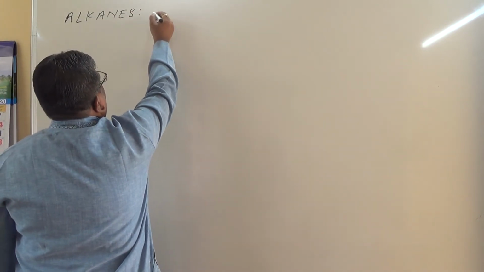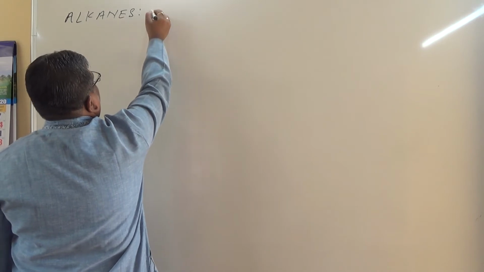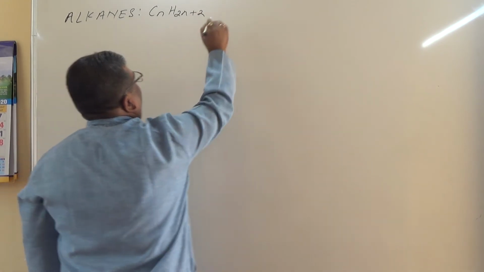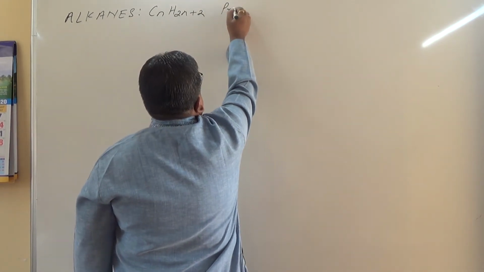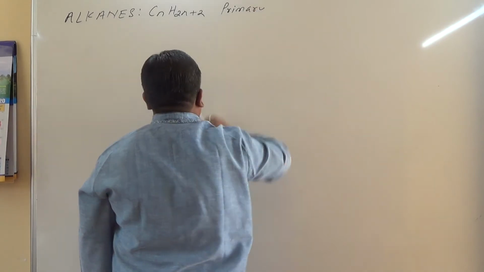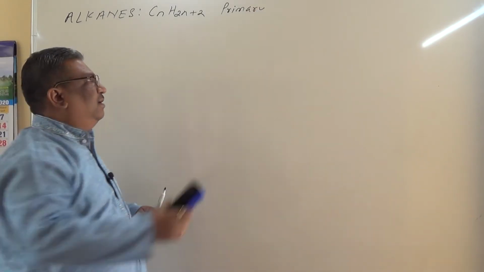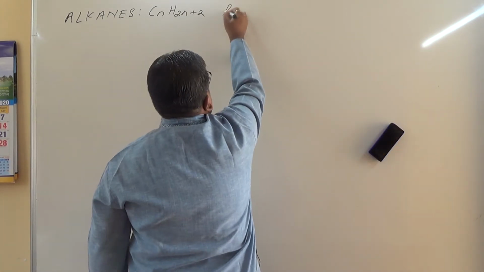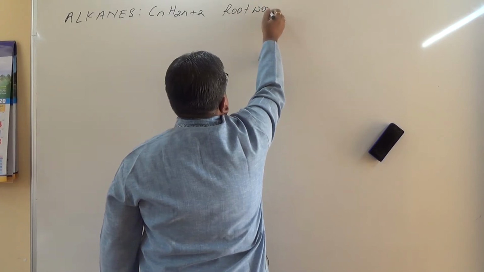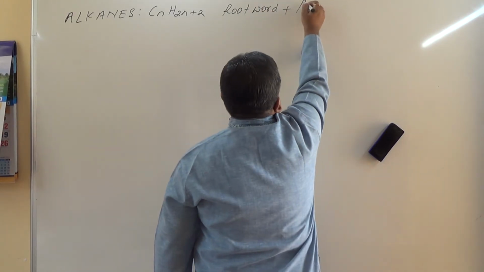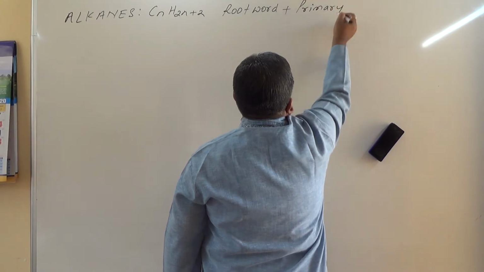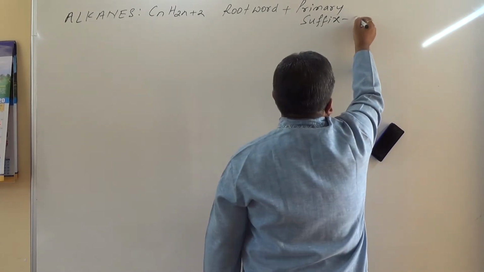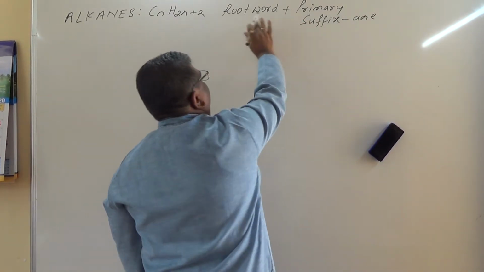First let me write the general formula, CnH2n+2, and the IUPAC name is root word plus primary suffix, and the primary suffix in this case is ane. Ane is to be added after the root word.